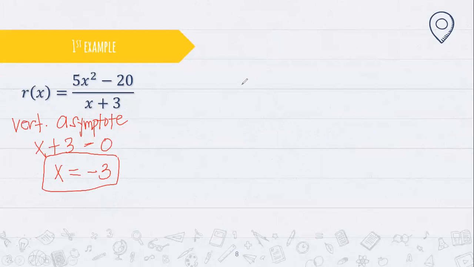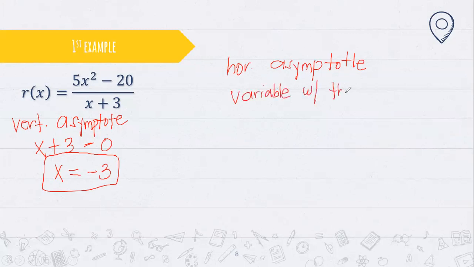Next one, we have, ayan. So we have the horizontal asymptote. Horizontal asymptote is computed by dividing each term of the function with the variable with the highest degree. Ano ang variable with the highest degree?